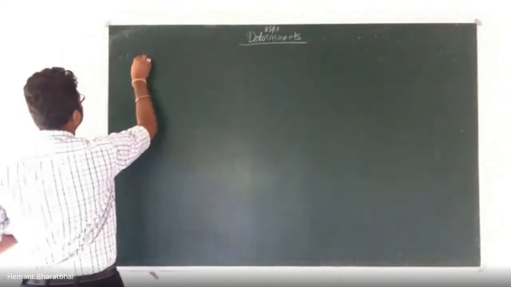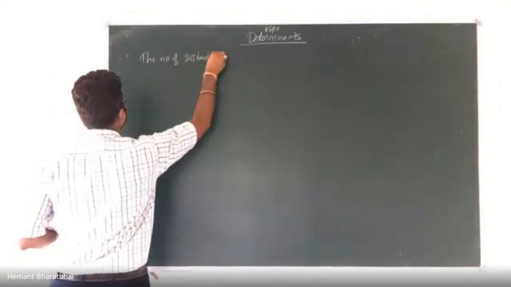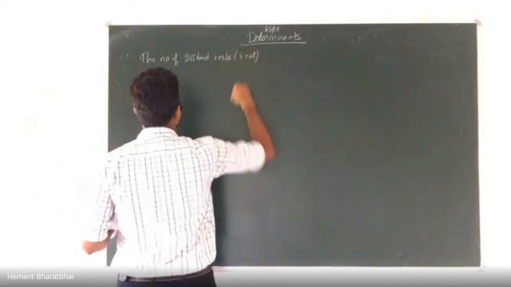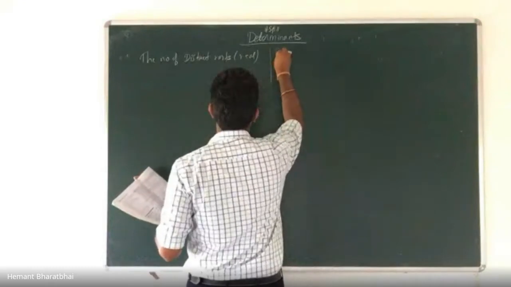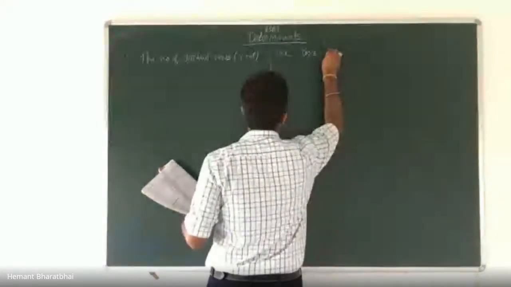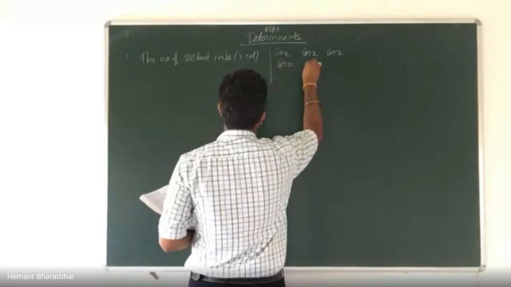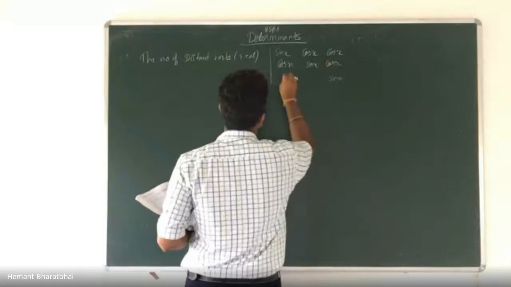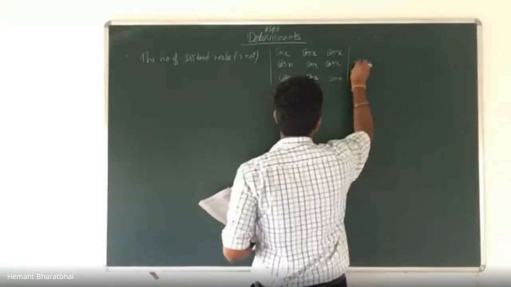The next question is asking us the number of distinct real roots for this determinant: sin x, cos x, cos x in the first row; cos x, sin x, cos x in the second row; cos x, cos x, sin x in the third row, equal to 0.